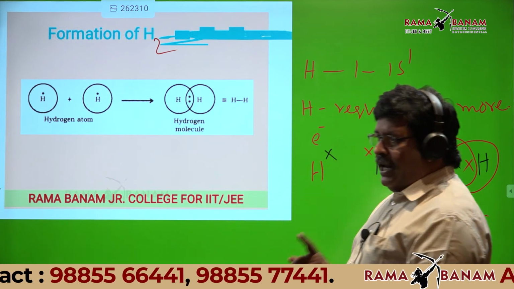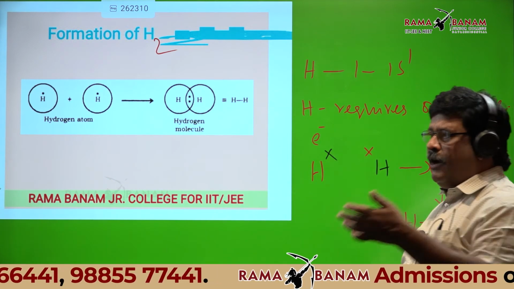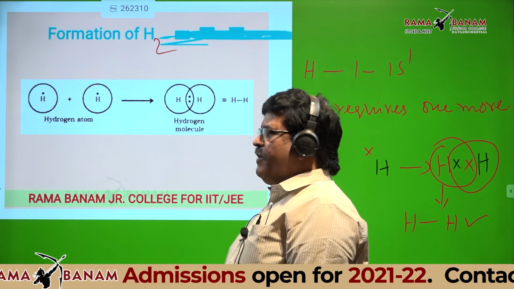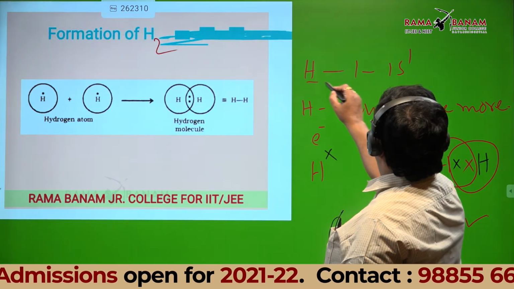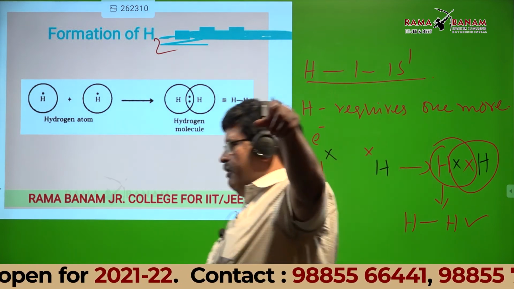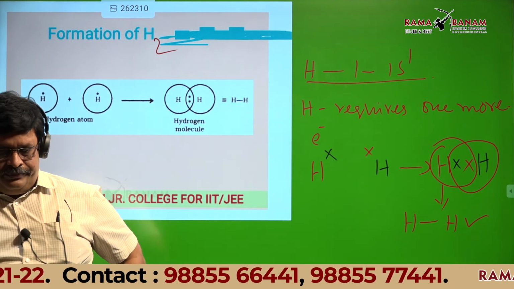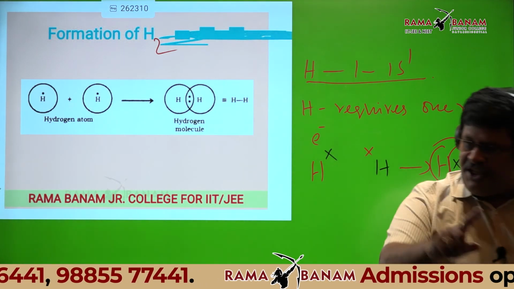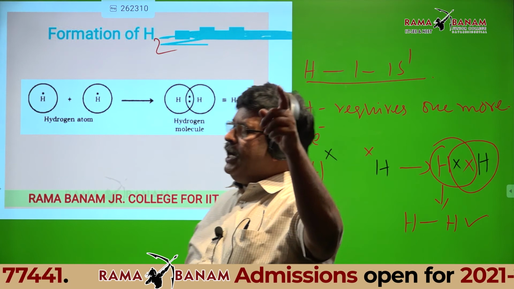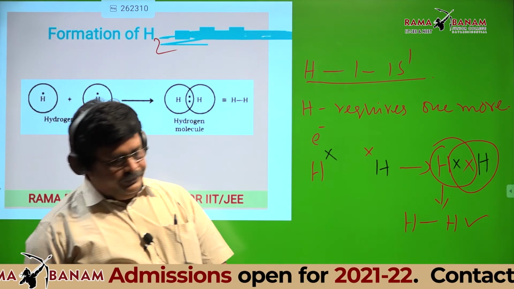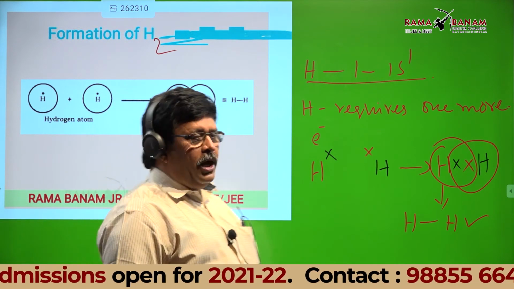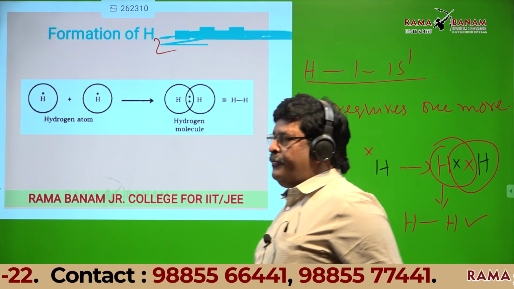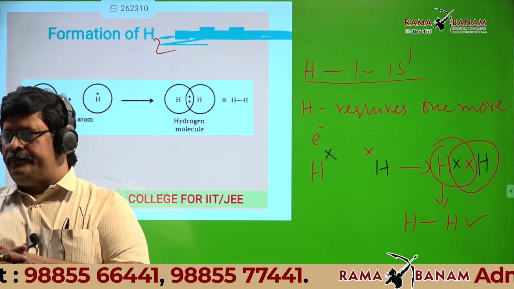See, now I'll explain. First you write, after that I'll explain about equal and unequal sharing. Right, formation of hydrogen molecule. First write this point here: hydrogen 1s1. Right, next point. Hydrogen has one electron, requires one more.